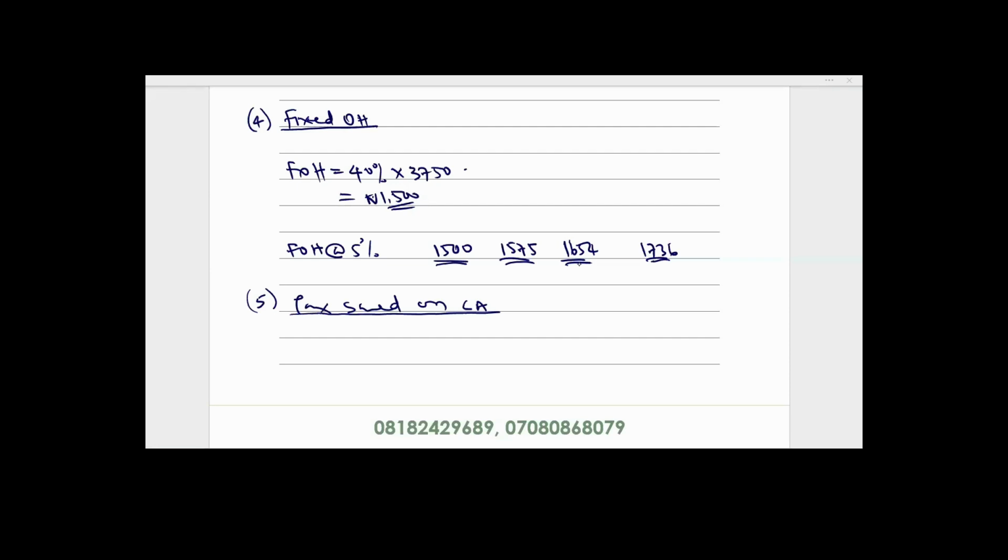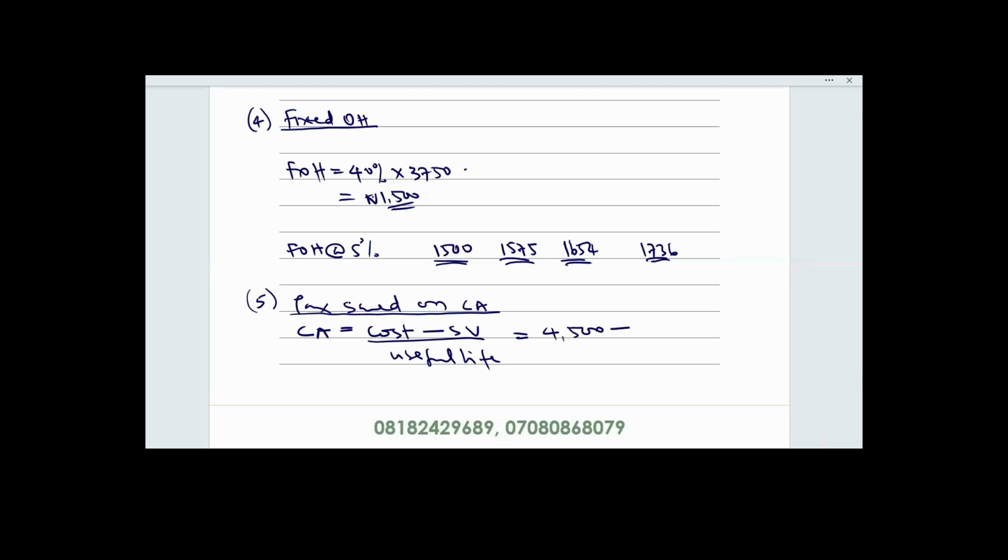And capital allowance is claimed on a straight line basis, so I don't need to waste my time. I will just say capital allowance is calculated as the cost minus the scrap value divided by the useful life of the assets, because the examiner has told me it's on a straight line basis. Therefore, the cost of this asset is 4.5 million naira.